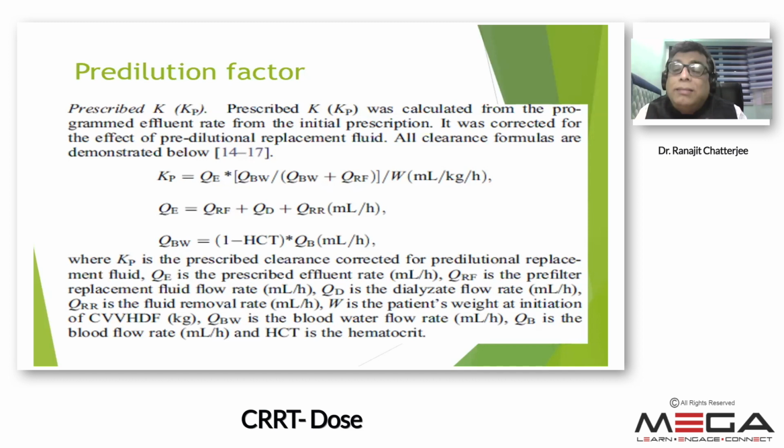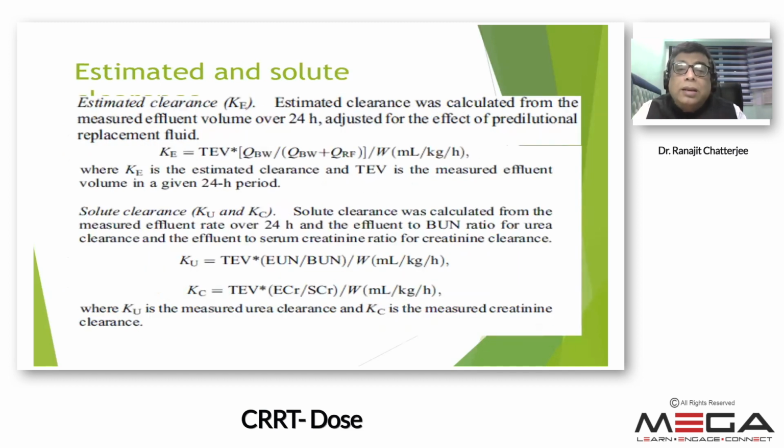And how do you monitor that? You monitor your solute clearance, that is the total effluent volume, TEV, multiplied by the effluent urea nitrogen, and you also have the blood urea nitrogen. This is basically 1 if the sieving coefficient is 1, because the concentration is the same on both sides.